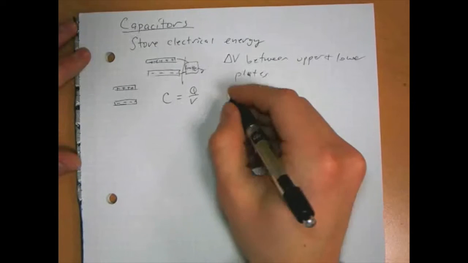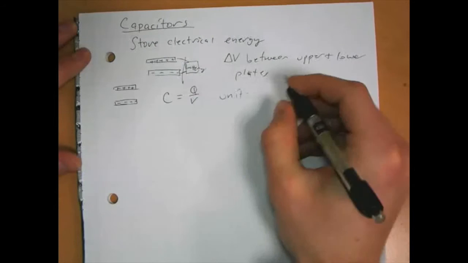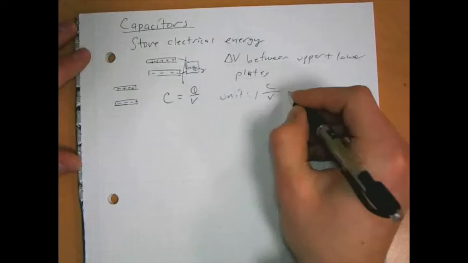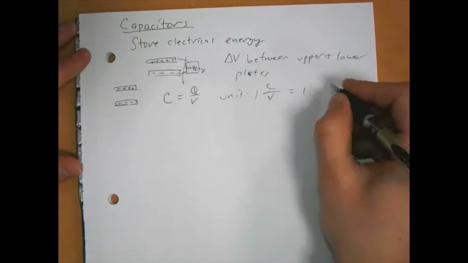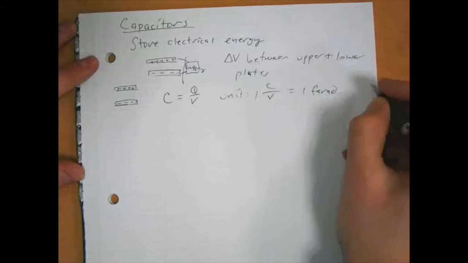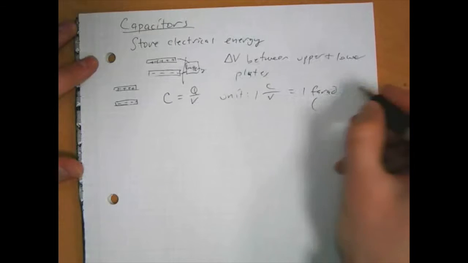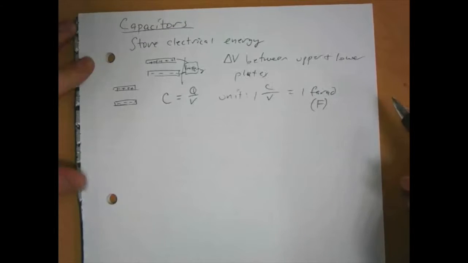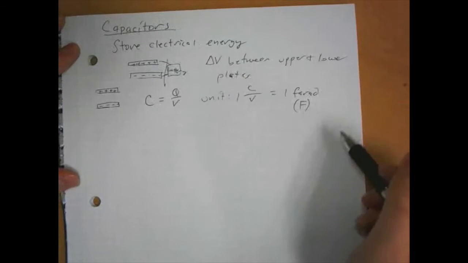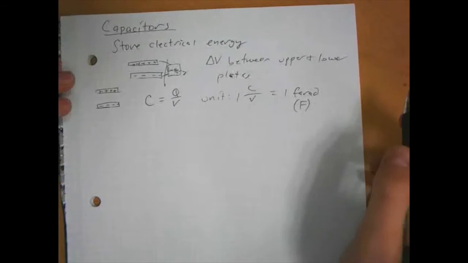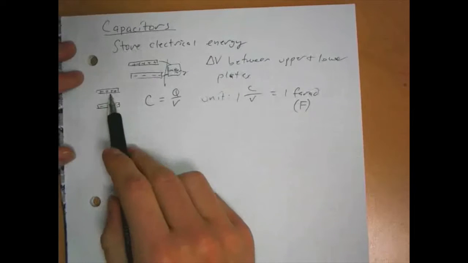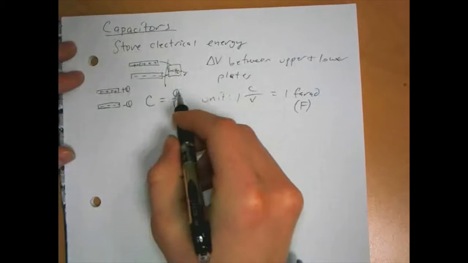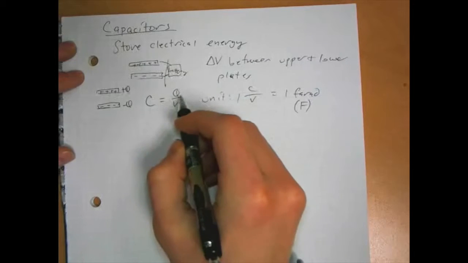And the unit for capacitance, it's a charge, coulombs, over a potential difference, volts, and 1 coulomb per volt is called 1 farad, named after Faraday, who was a famous scientist that did a lot of work with electricity and magnetism. It's capital F, and Q is the charge on one plate, so the top plate will have charge plus Q, the bottom plate will have charge minus Q, but just the positive value is what goes into this equation.